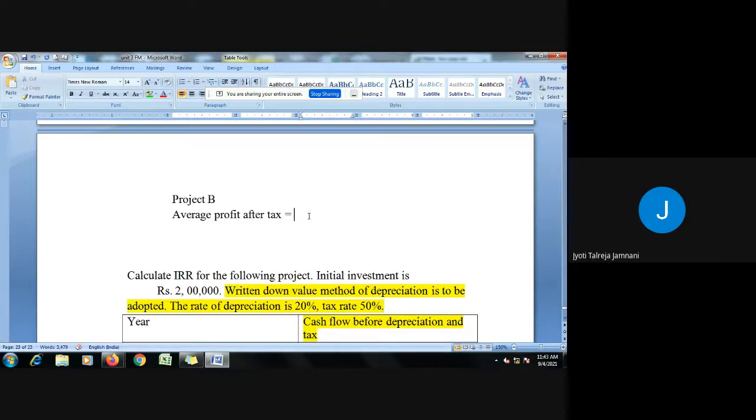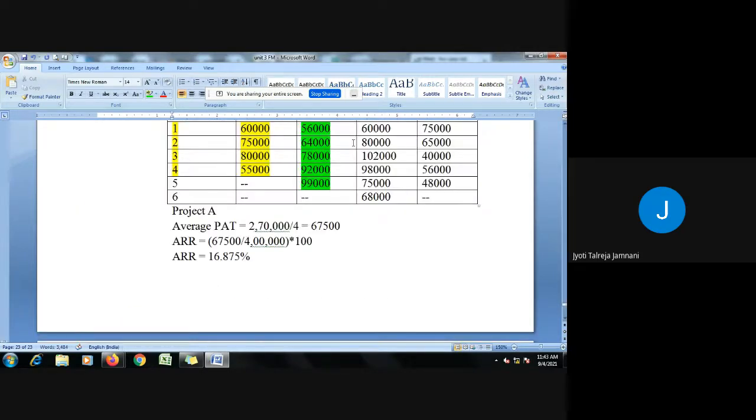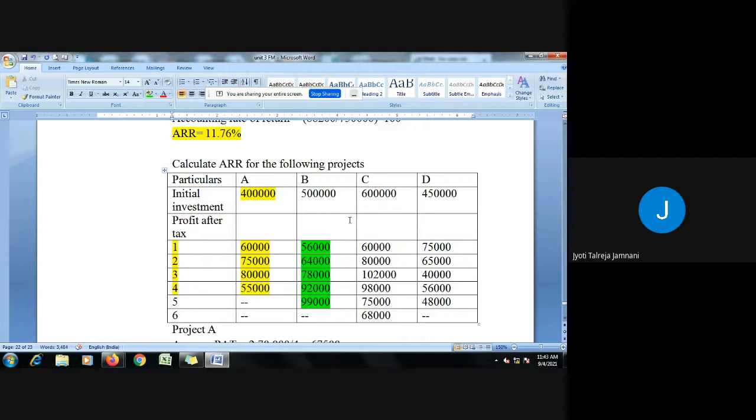So 3,89,000 divided by 5 years. You can write years here so that you don't get confused. So we will get the average profit after tax as 77,800. Now you can find the ARR, that is accounting rate of return, which is average profit after tax divided by initial investment, because scrap value is not given.